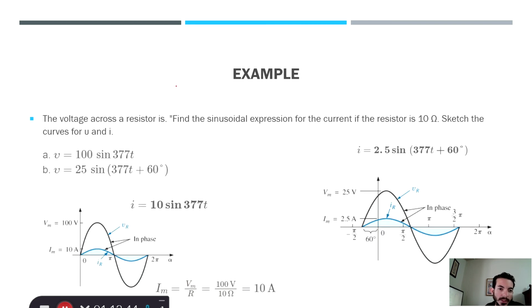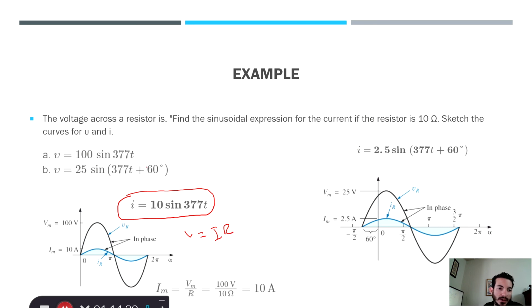So for example, for the voltage across a resistor, we have to find the expression after going through a 10 ohm resistor. The example waves are 100 sine 377t and 25 sine of 377t plus 60 degrees offset. In the first case we have our sine wave, 100 sine 377t, and the resistance is 10. So we know by Ohm's law that V equals IR.